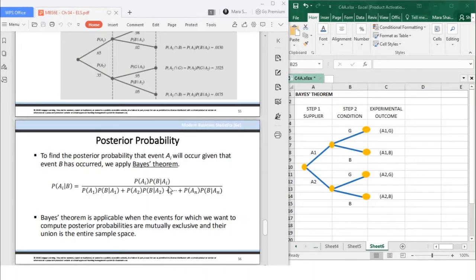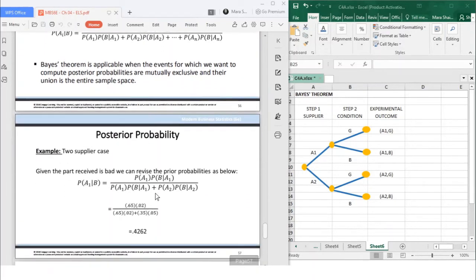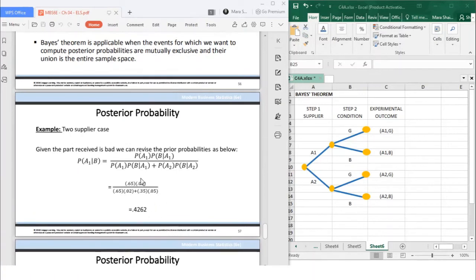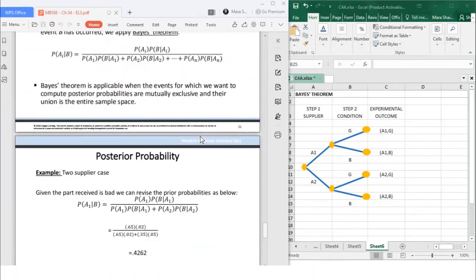That is how you get your posterior probability using the Bayes theorem. Now, when we substitute, it is 0.65 times 0.2, divided by the denominator. These data are found in your table or your tree diagram.